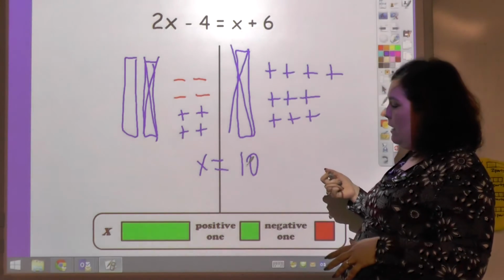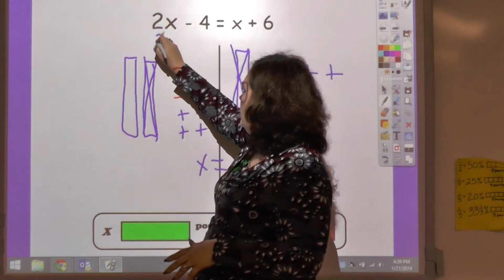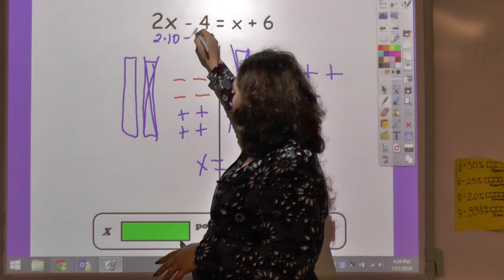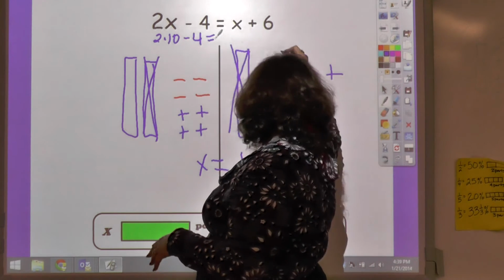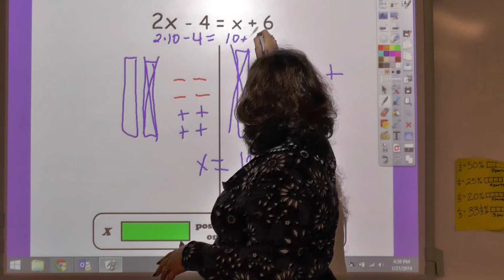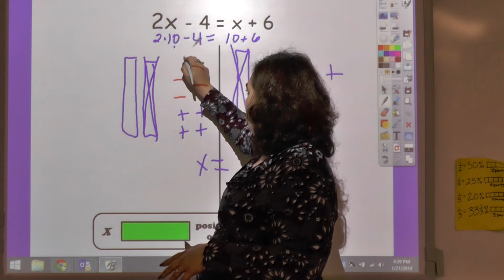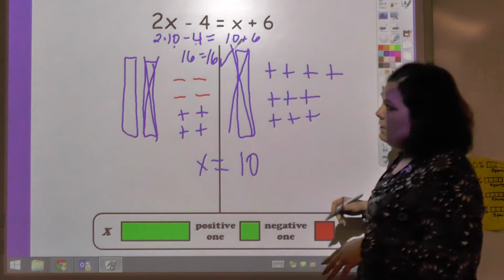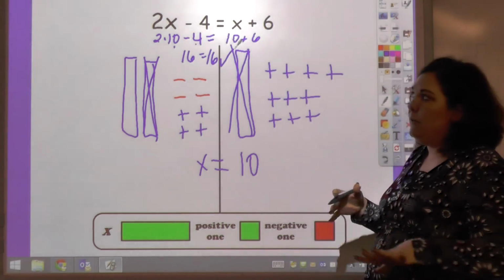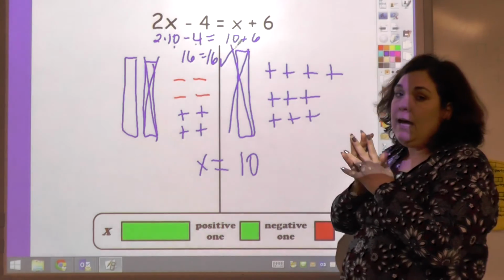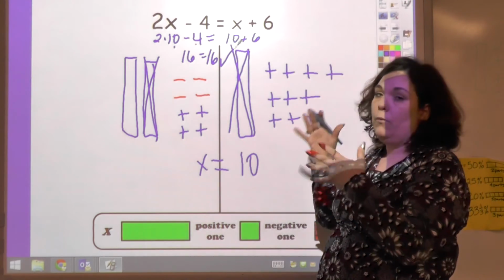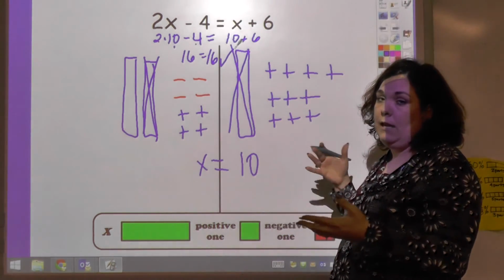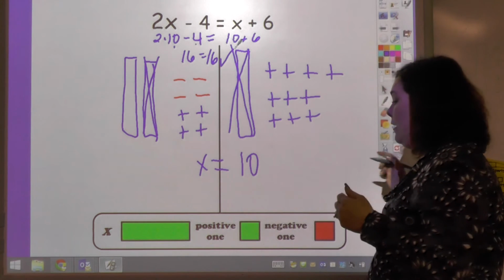And put it back in and make sure it makes sense. So 2 times 10 minus 4 equals 10 plus 6, and that's 20 minus 4 is 16 equals 16, so it checks. Now this is where I've been telling you not to try to do these in your head, because when you get to this point, you really need the models and the understanding of how things are canceling each other out.